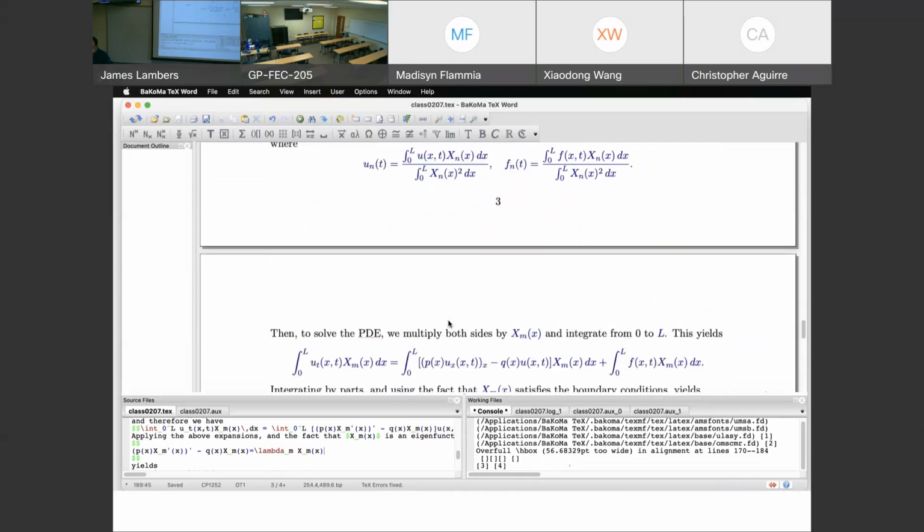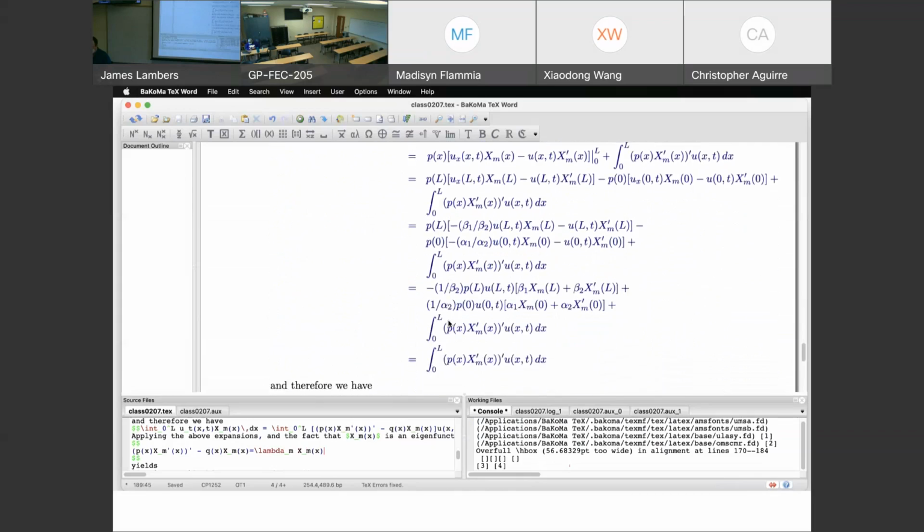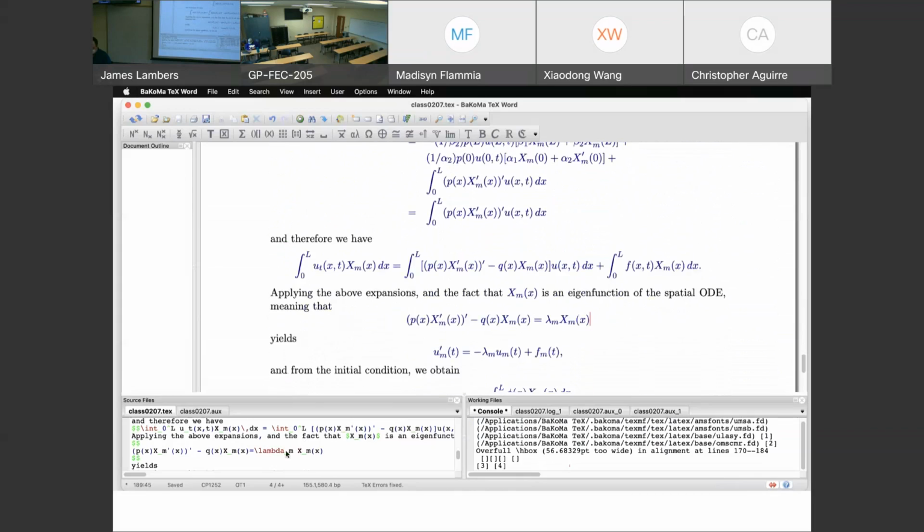Yeah, it's actually equal to minus lambda m. Okay. This is known from the fact that capital X of x is used to solve a homogeneous version of the PDE. So now I can replace all of this by just this.